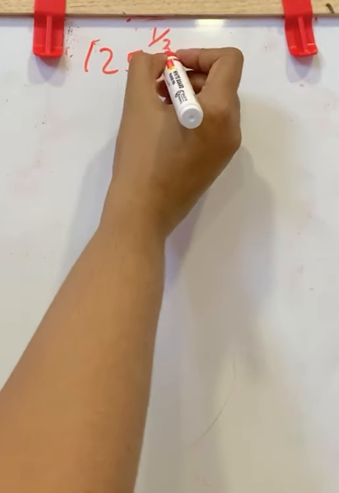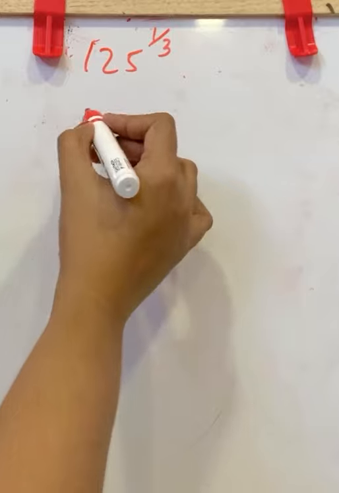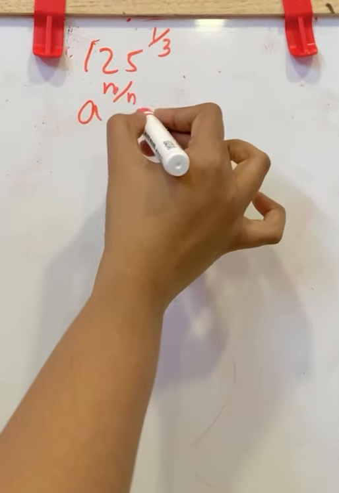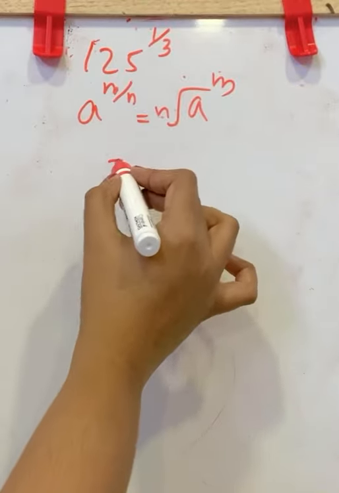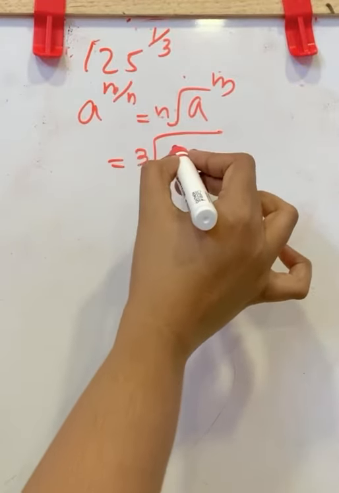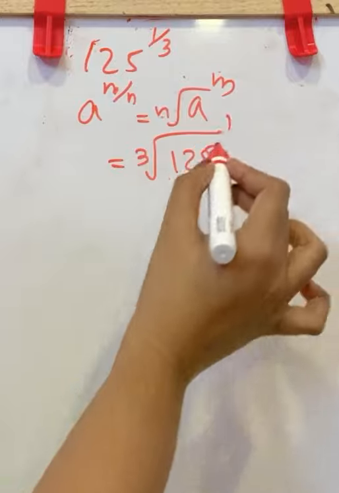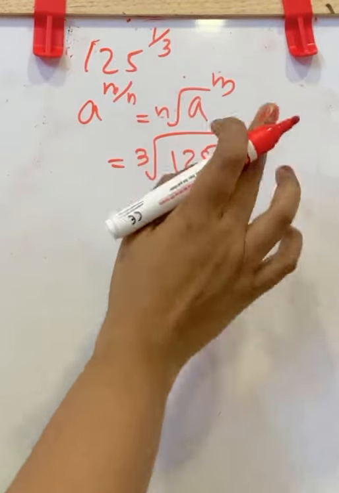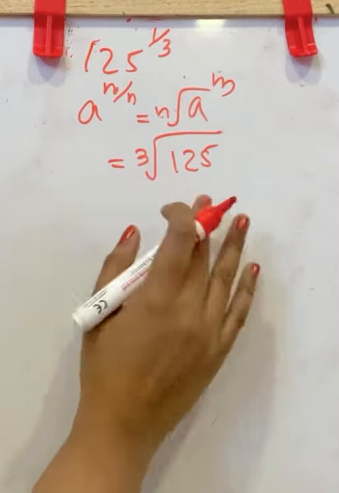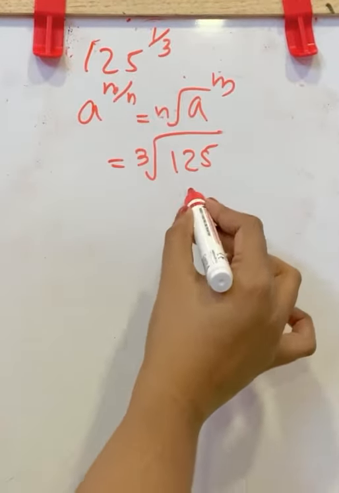Next one, 125 raised to 1 by 3. Here again a raised to m by n is nth root a raised to m. Here it becomes cube root of 125 raised to 1. 1 raised to 1 you don't need to write because it is 1, so this is enough. Now cube root of 125.